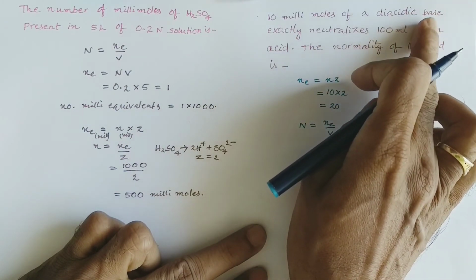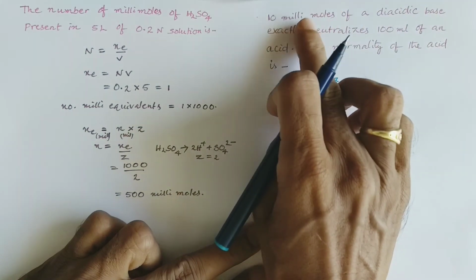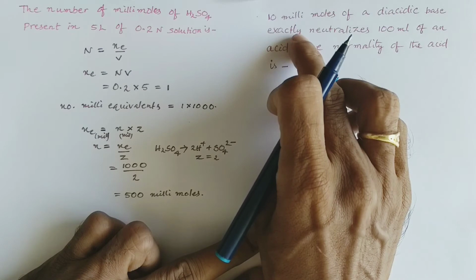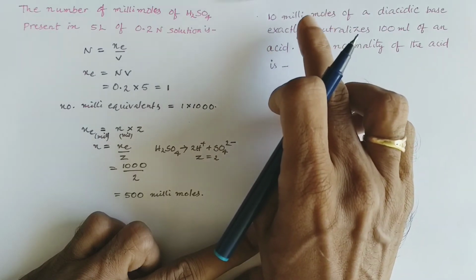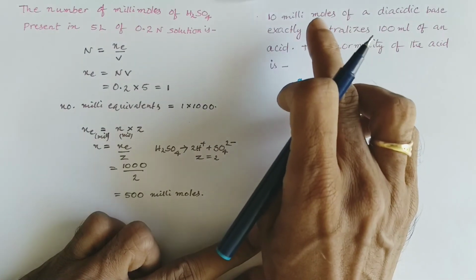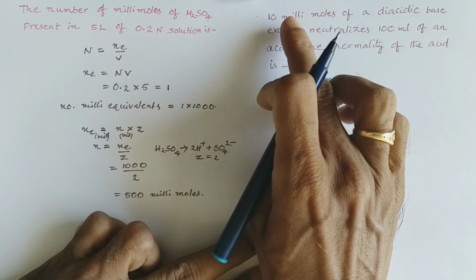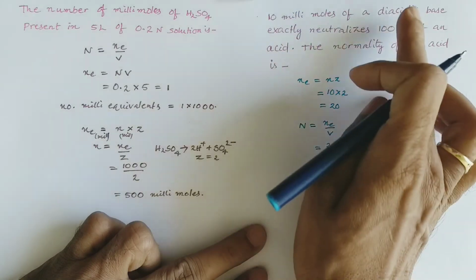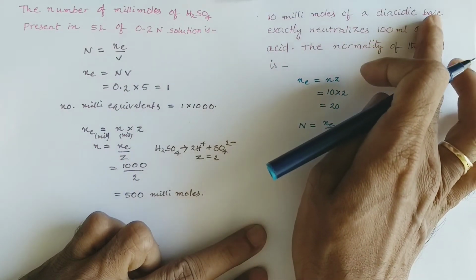So first of all we have to find out the number of equivalents of this base, because normality gives the relationship between number of equivalents and volume. So first of all we are converting moles into equivalents of the base.